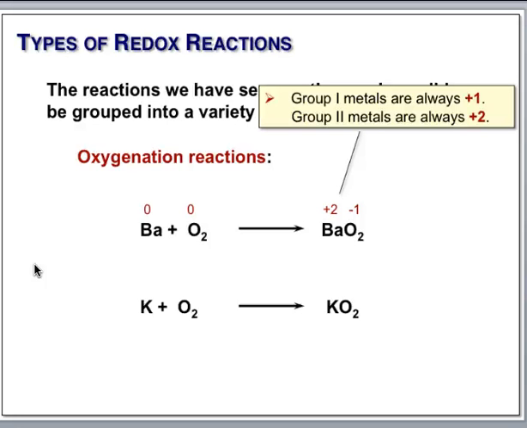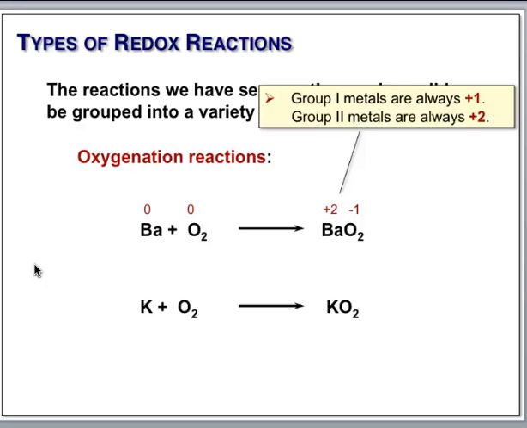And let's do the real killer here. Potassium reacts with oxygen to give potassium oxide. Both of these are 0. What will the potassium be? Our second rule, it's group 1. It will be +1.